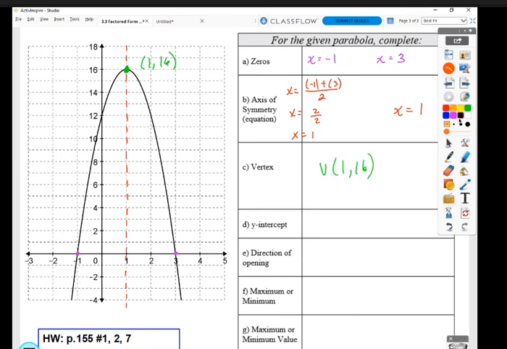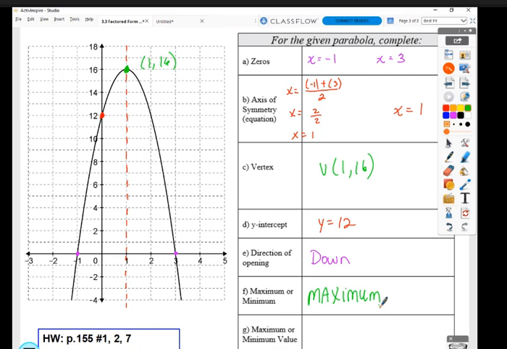The y-intercept is where the graph crosses the y-axis. Here we go, positive 12. Direction of opening: it looks like this thing is opening downward. A maximum or minimum? I think it's a maximum. Max is sad, right? Maximum.